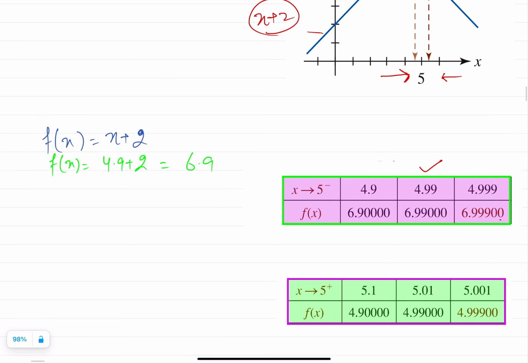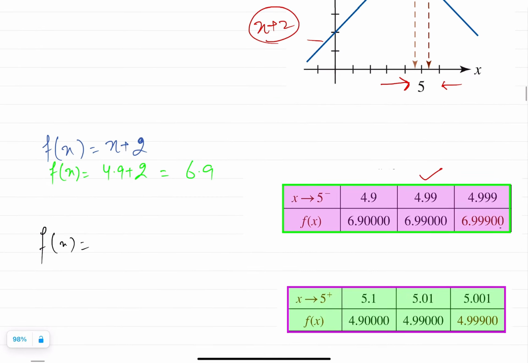Similarly, if you approach x from the right hand side, we have to take values that are greater than 5, for example 5.1, 5.01, 5.001. That time we have to take the function f(x) equal to negative x plus 10. So you put in the values.